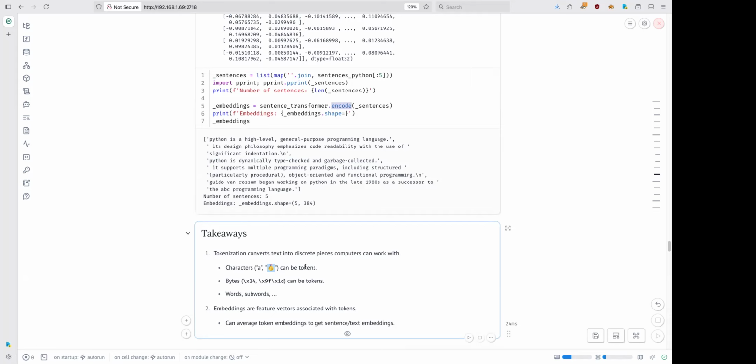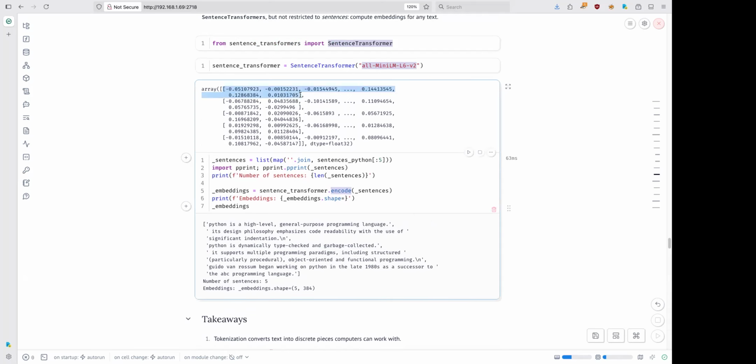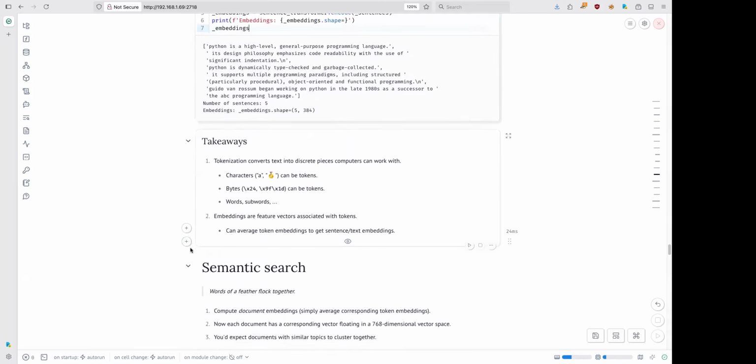This is the main purpose of machine learning, of neural networks in particular. This is exactly what we do here with embeddings. Embeddings are learned for a particular task, like predicting the next token or filling in the blanks. And as a result, you get random looking vectors that represent your token. For example, if we look here, what in the world does this number mean? Nobody knows, and we don't need to know. The main idea is that they help us solve our underlying task. Let's see an example, semantic search.